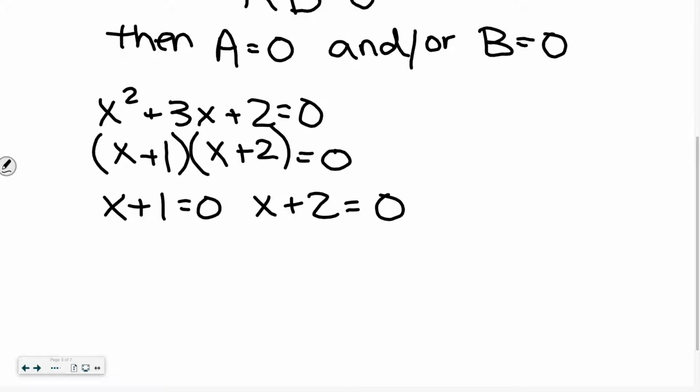And can you solve for x? X is -1 and x is -2. Same answers we got in the graph? Yep. These are going to show up as x-intercepts.